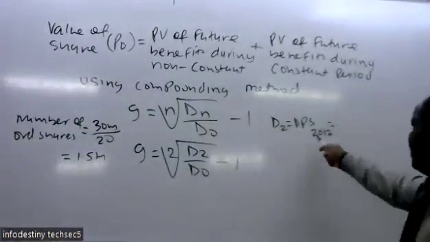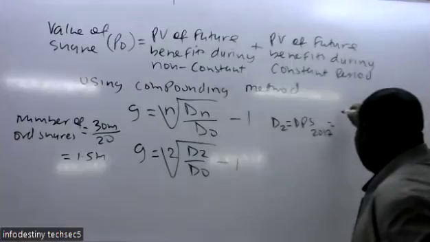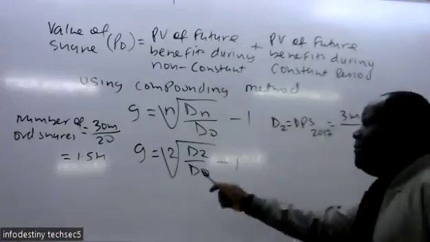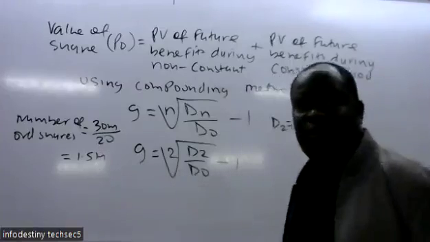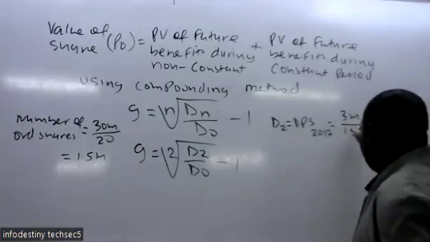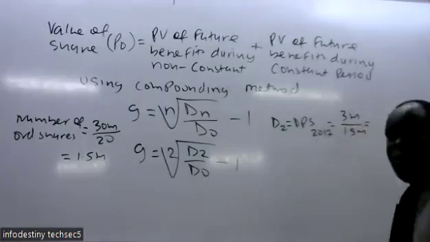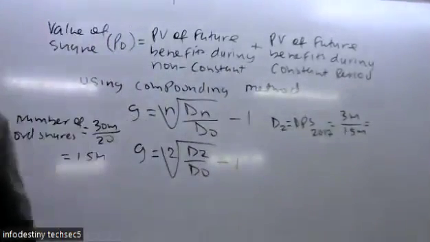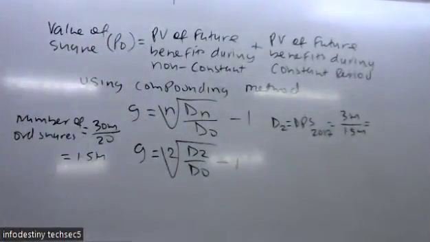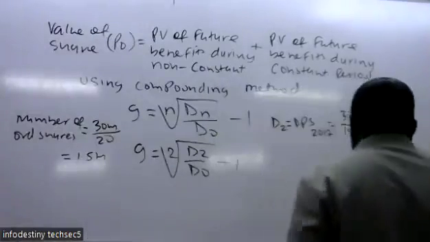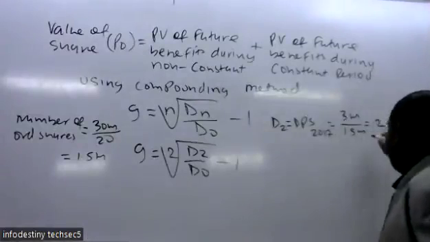So dividend per share for 2017, take the dividend proposed, which is 3 million, divide by the number of ordinary shares, which is 1.5 million. This will give us 2.